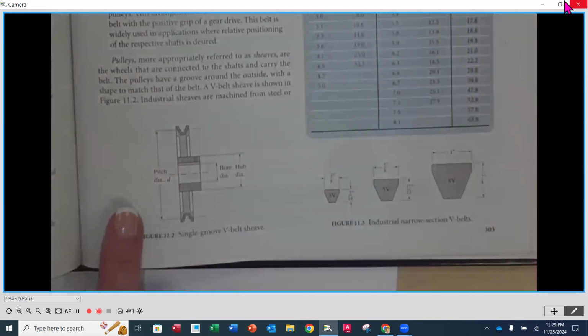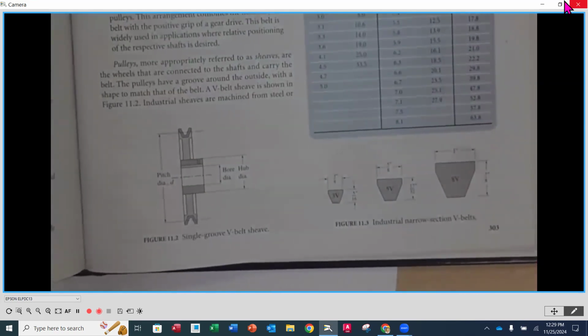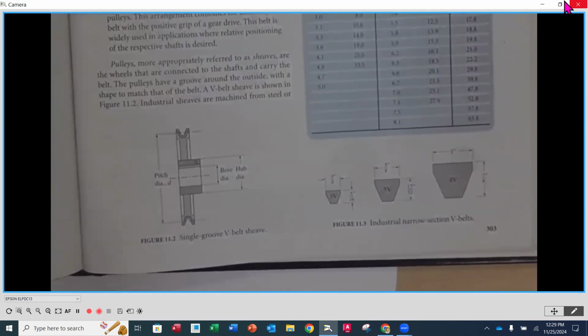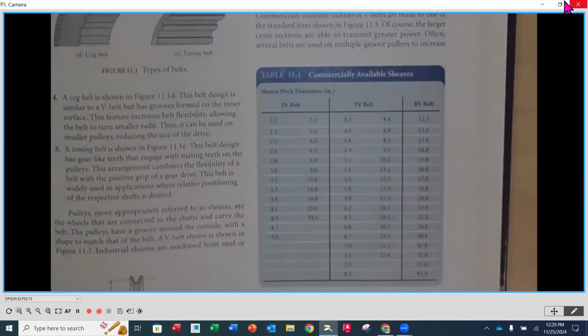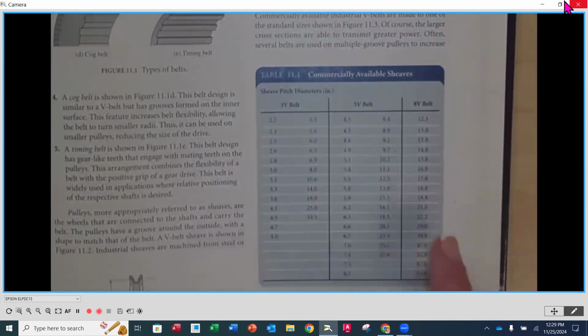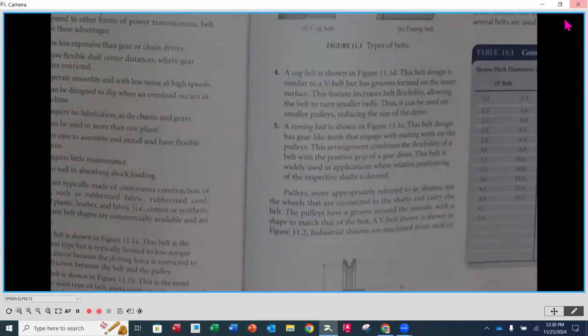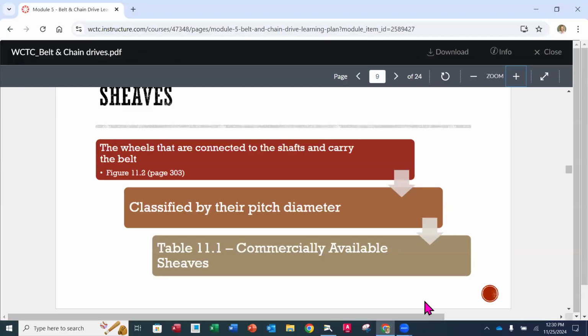So again, the pitch diameter is going to be the diameter created by that effective diameter on the actual sheave, okay? So questions on that? When we're specifying our drives, when we get into a couple of these example problems, we're going to be looking to this chart to pick a standard commercially available sheave from the list in our book. But when we're dealing with a specific vendor, we would be looking at their specific catalog.